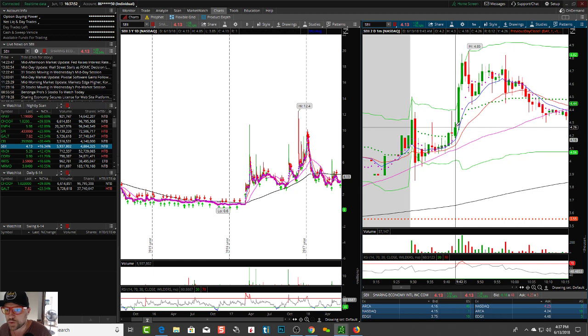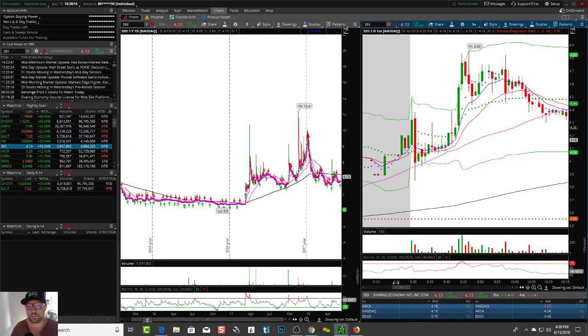So you're risking 12 cents for the potential to make what? High of day is 450. So you have the potential of this going to high of day. You have no clue if this is going to break because you don't know what's going on over here. So you're risking 12 cents for the ability to make 430 up to 450, 20 cents.